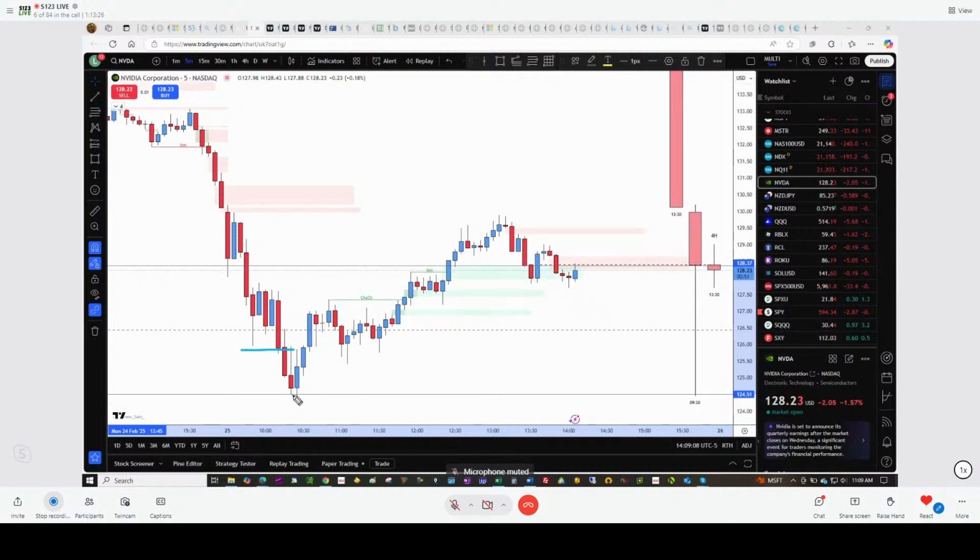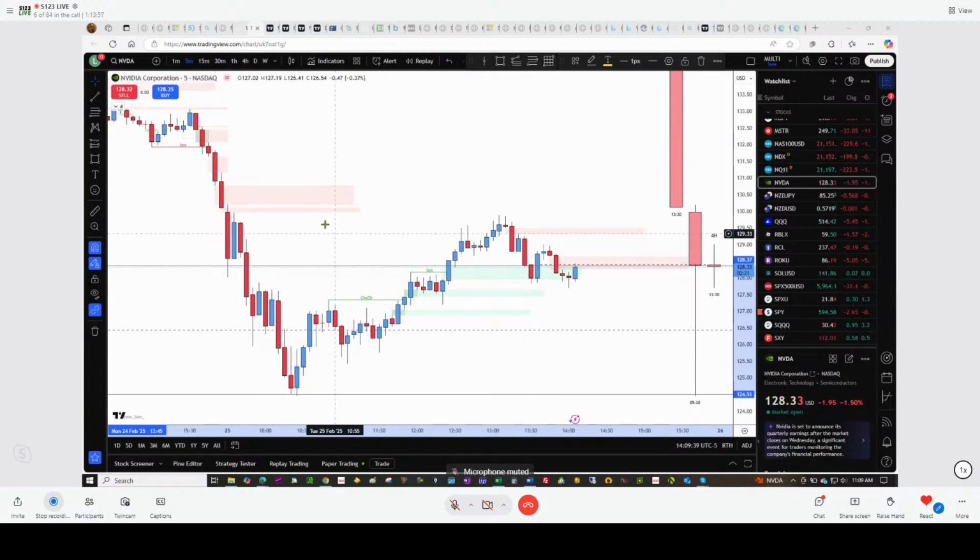Sweep, move back up, breach, retrace, buy. You could wait for this one, but there's one here, so you don't have to wait for that one up there. You get that retrace back 50 to 62%. That's your buy. And we could do that all the way down to the 1 minute.